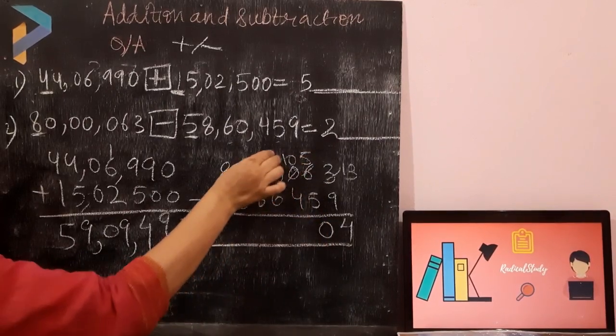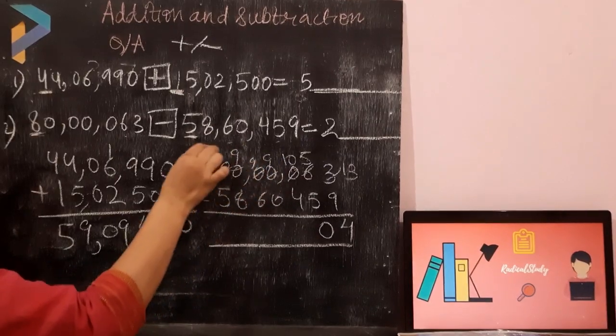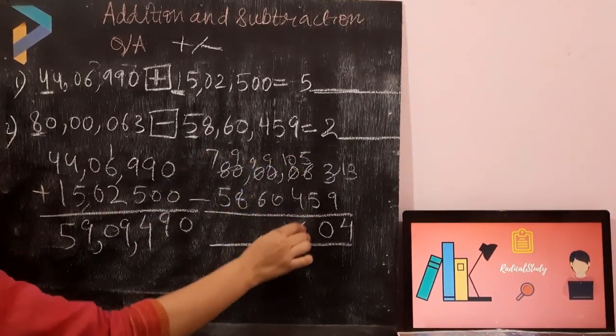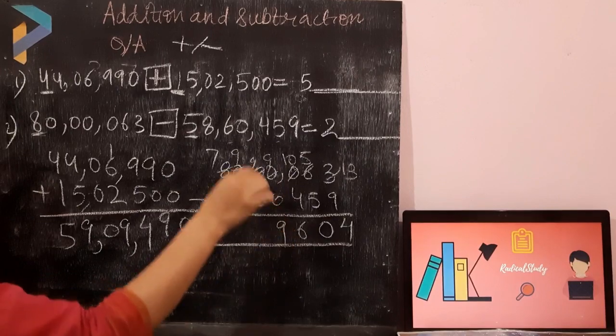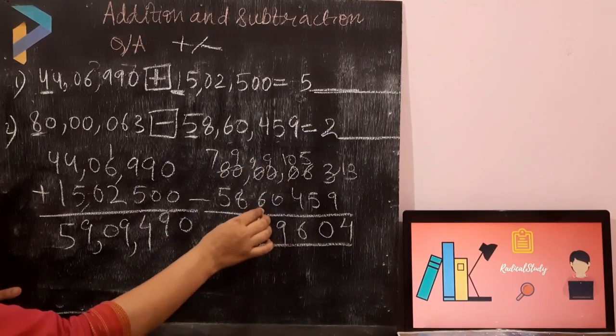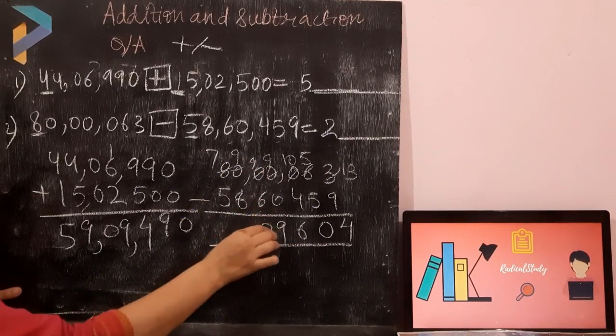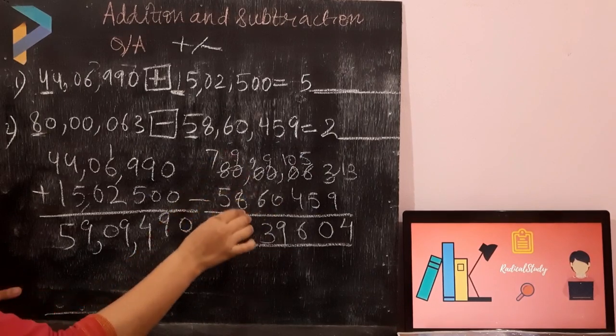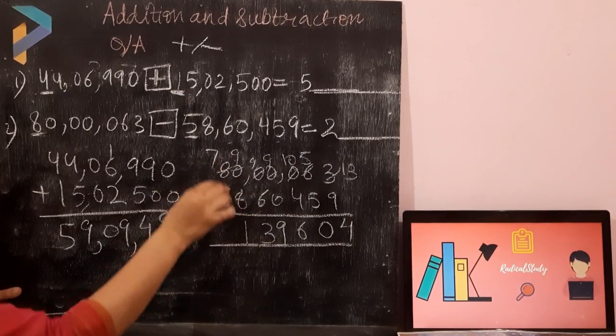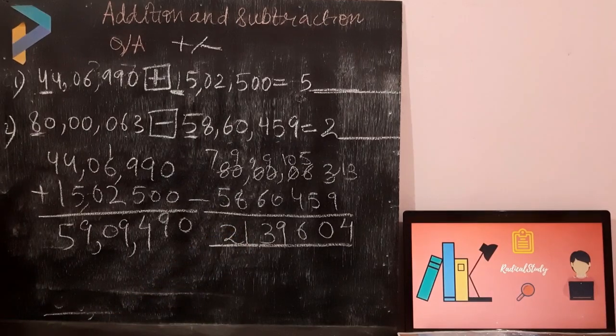It will become 10. Now we are going to take carry. Now 10 minus 4, 6. 9 minus 0, 9. 9 minus 6, 3. 9 minus 8, 1. 7 minus 5, 2. So students, these were some questions which I have solved for you.